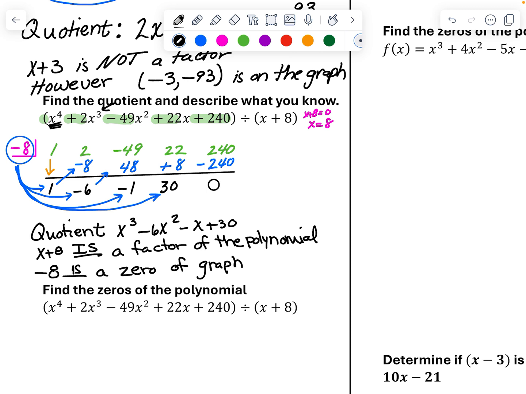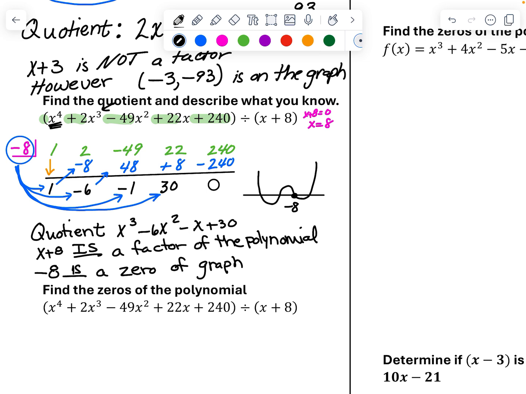So in other words, if we were to graph this, we might not know a lot, but we do know that of all the places it goes through, at least one of them, we don't know which one, has to be the number negative 8.